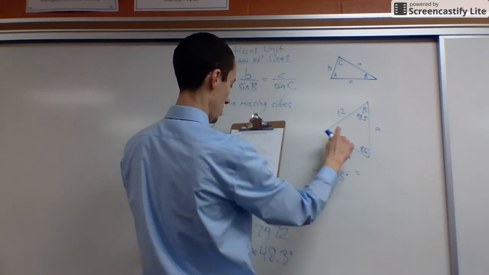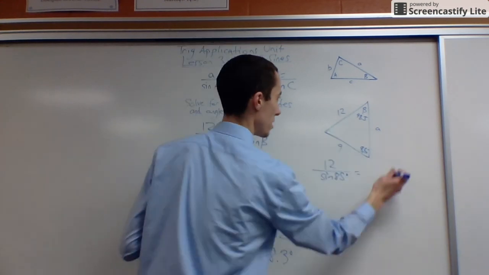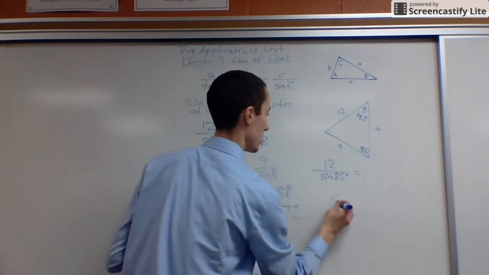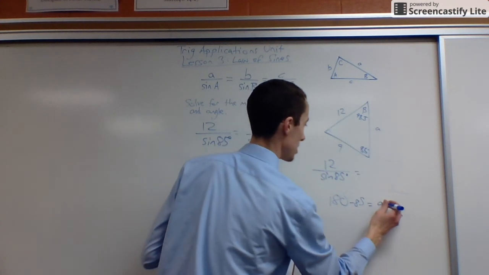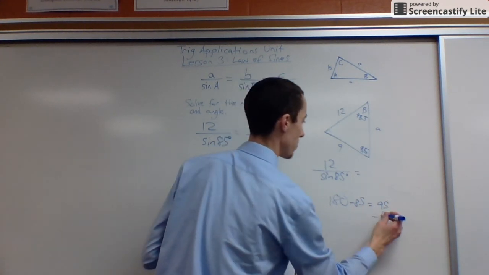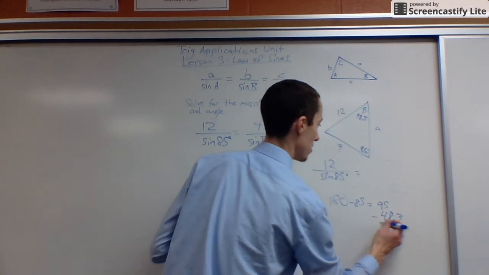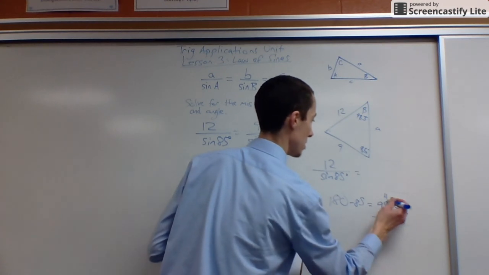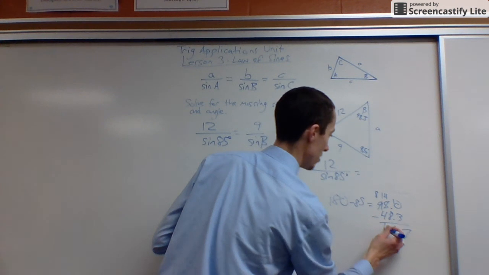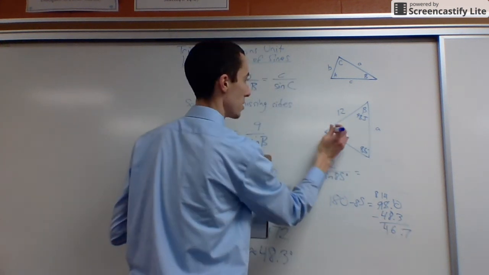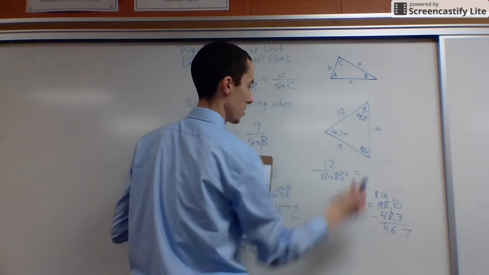And so that third one is going to be 180, take away 85, which is 95, and then take away 48.3 from that. And we're going to have 46.7 degrees here.